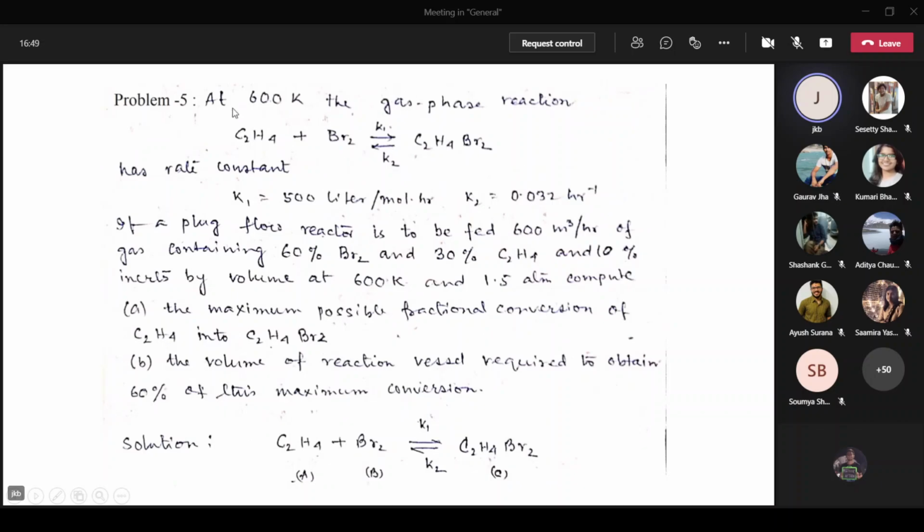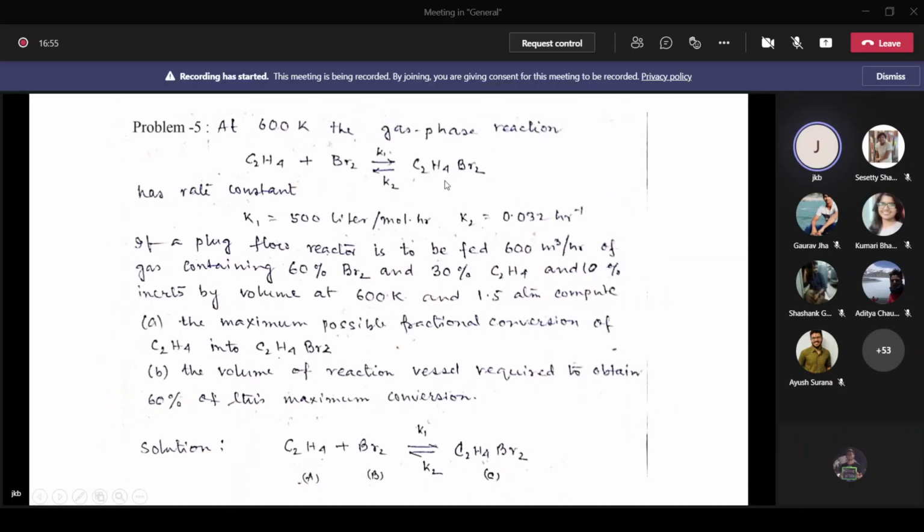This problem is a reversible reaction between bromine and ethylene, giving ethylene bromide, or dibromoethane. The rate constants K1 and K2 for the reversible reactions are specified, and a plug flow reactor is to be designed for a capacity of 600 meter cube per hour.